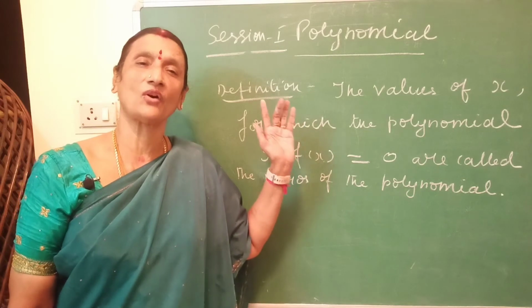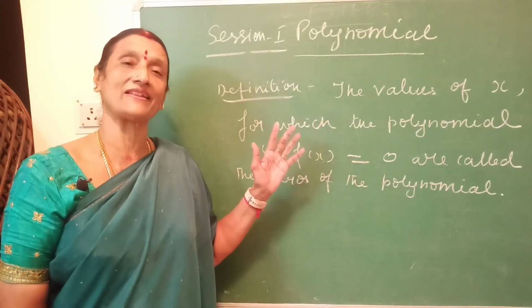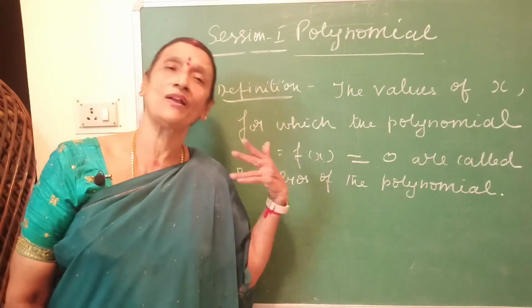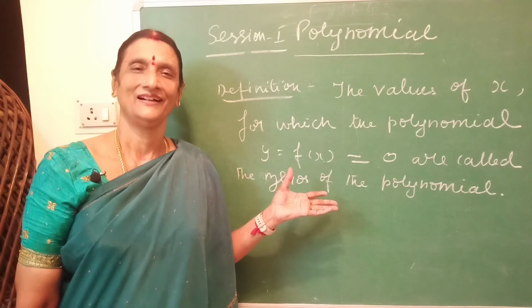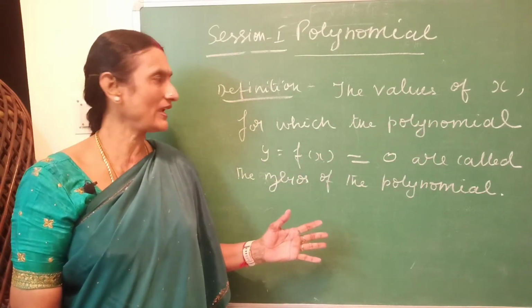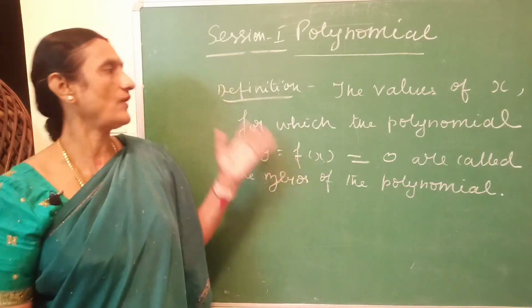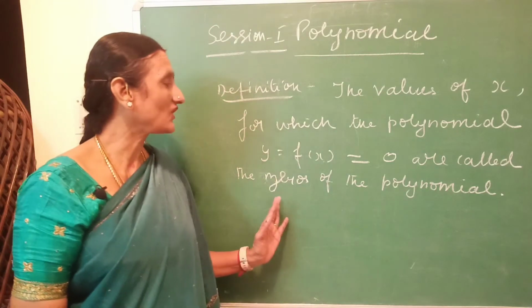But in the case of quadratic, cubic and biquadratic polynomials, we get more than one value which will make the polynomial itself 0. Therefore, I have put the plural for x.